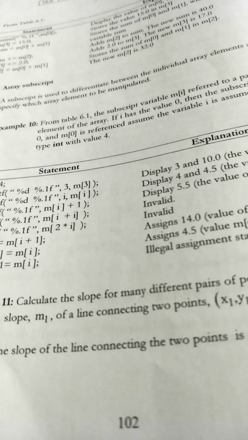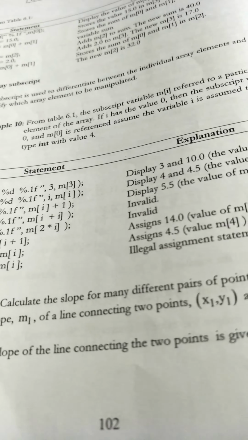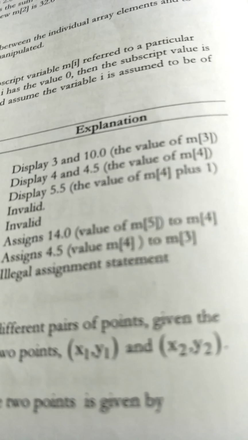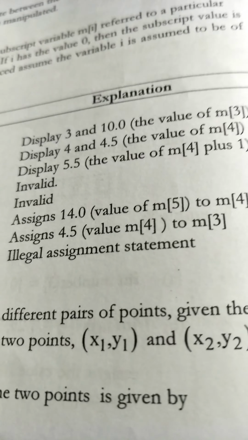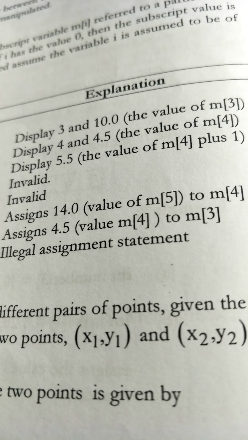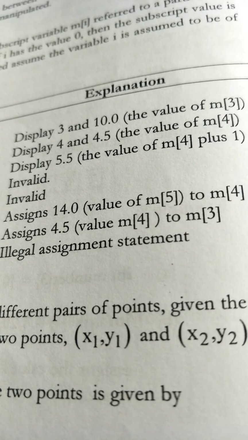This is an example of calculating the slope for many different pairs of points, given the slope of a line connecting 2 points. So we have 2 points in the xy plane. To find the slope, you need a pair of points.